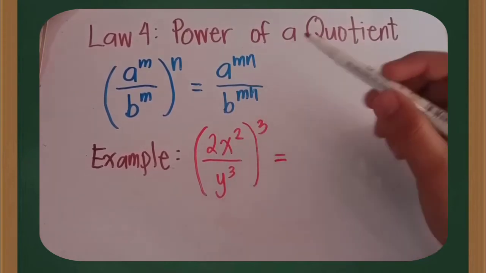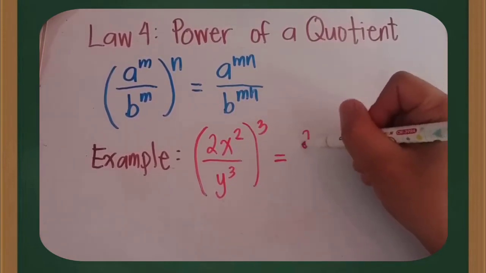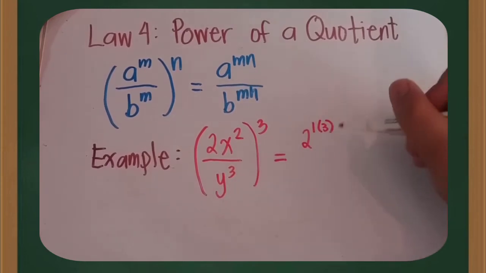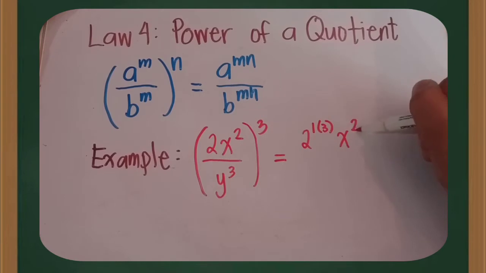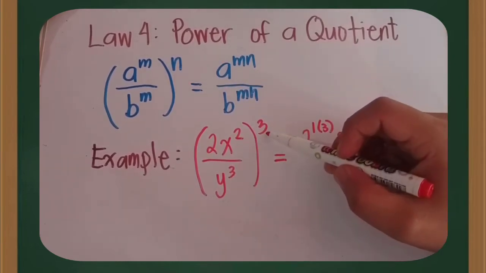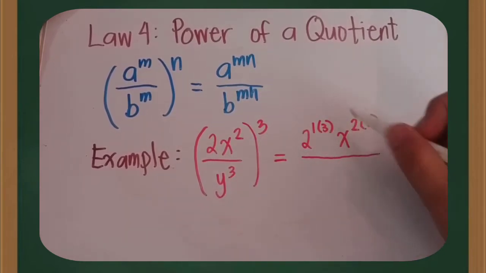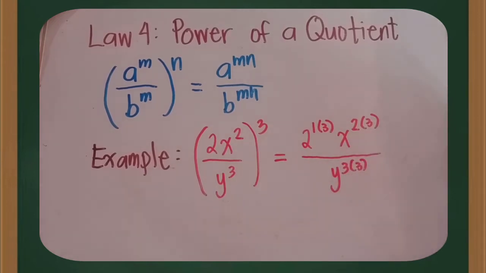So again, ang constant na siya, exponent nga 1. So 2 raised to the power of 1 times 3, and x raised to the power of 2 times 3. Nakuha kani, exponent sa gawas gi-multiply sa kada exponent nga nasa sulod. Next, over y raised to the power of 3 times 3.